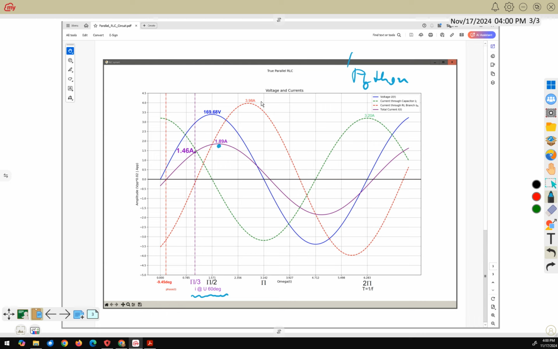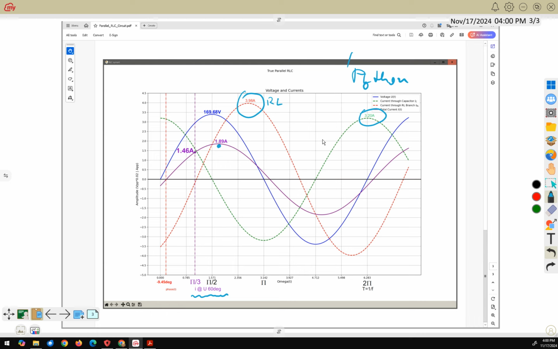What you figure out also is the currents in the different branches, the red one is for the RL branch. You see it's pretty high. For the capacitance, which is the green one, is also pretty high. And there's a cross-check, and the cross-check is in such a case that you have a parallel inductance with a parallel capacitor. The sum of the current must be lower than the maximum of each of these branches.